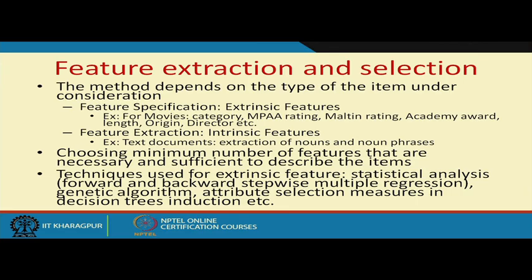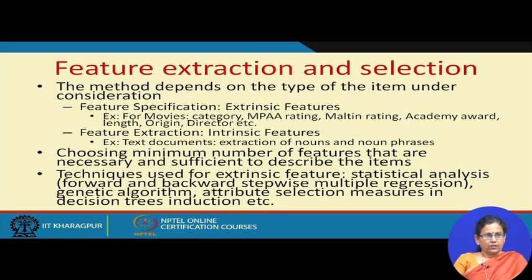So, the first task is feature extraction and selection. This method depends on the type of item under consideration. These features can be of two types. They can be extrinsic features, which are quite obvious and for which data is already available.